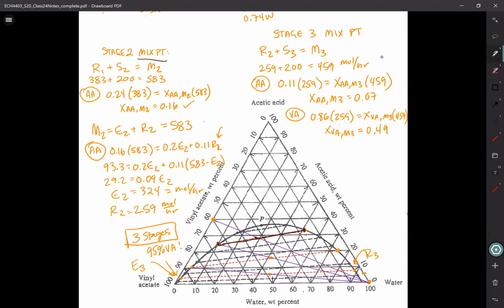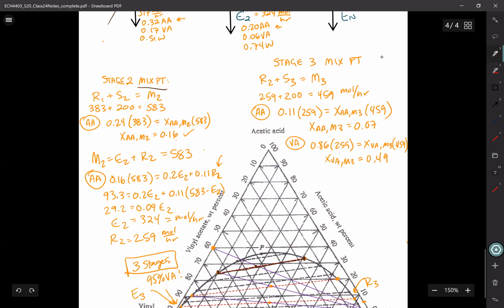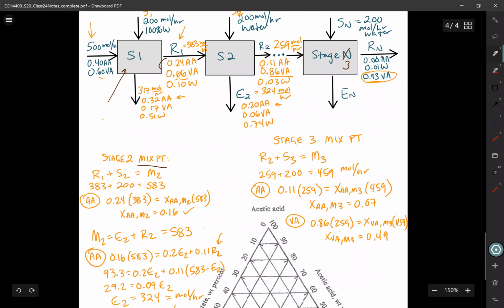Each point has three compositions for you to read off of the diagram, and those can go in the diagram there. The last step for each stage is to do material balances again to figure out what the flow rates R and E are for each stage. Once you have the raffinate solved for, flow rate and composition, if you know the solvent flow rate to the next stage, you can just repeat the process.